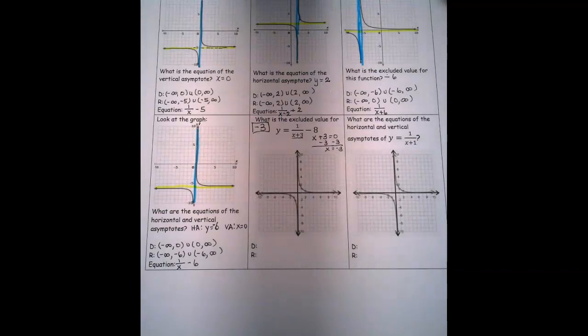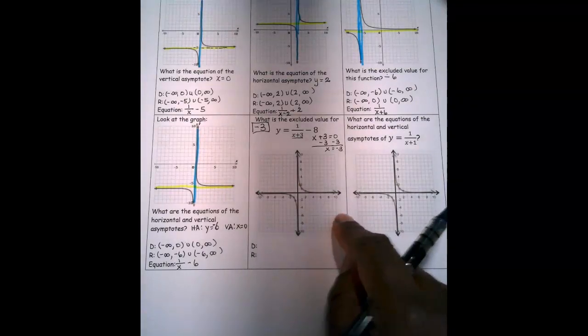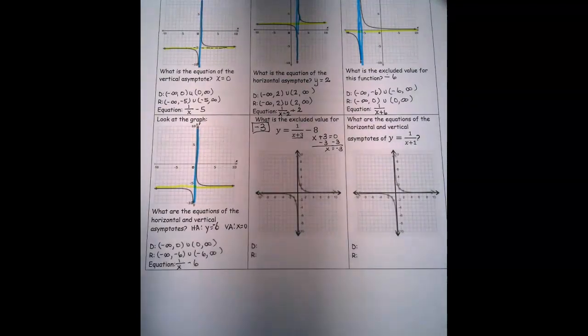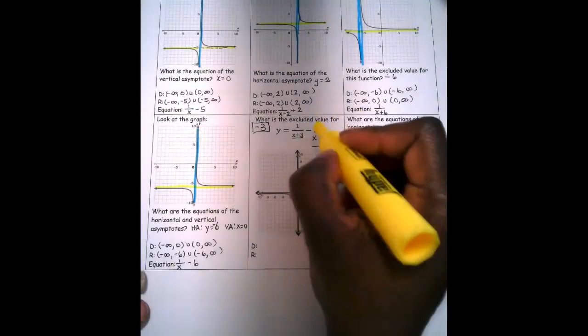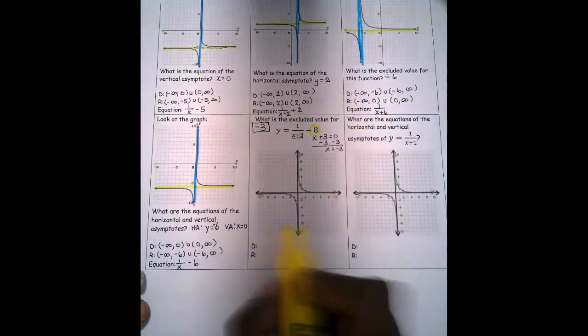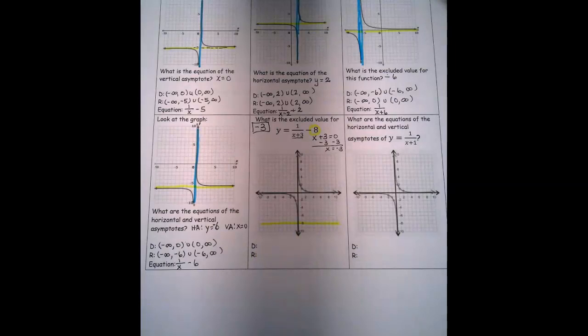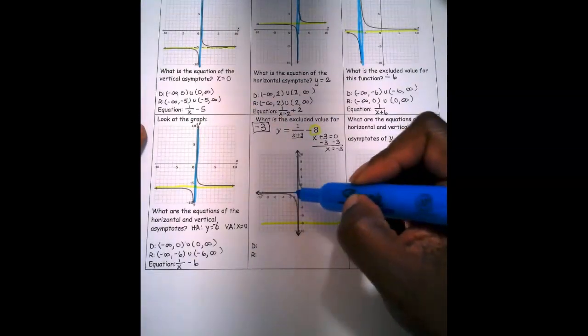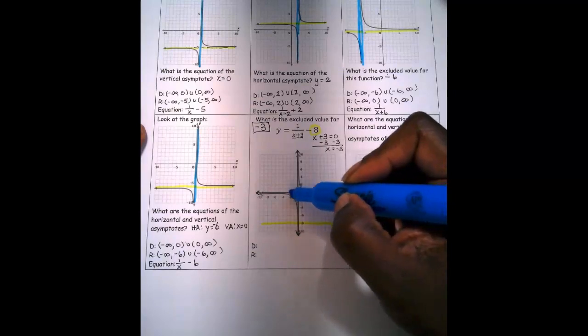However, let's just say we wanted to sketch this function. Well, we have the parent function here, and what we know is that the function dropped down 8. And what we also know is that the function shifted left 3. So 1, 2, 3.